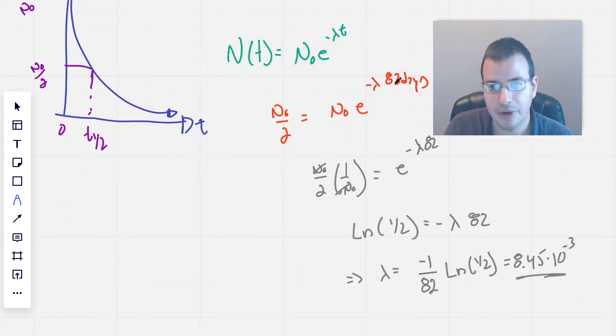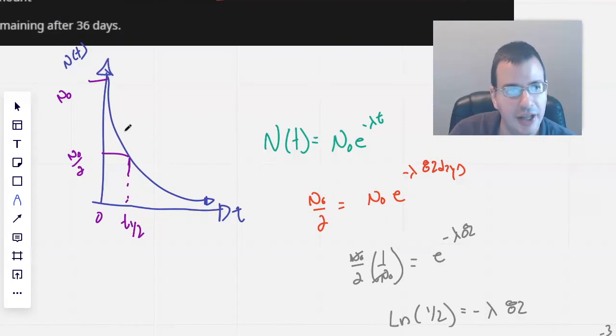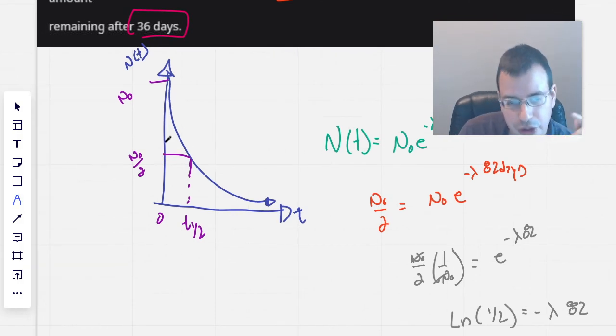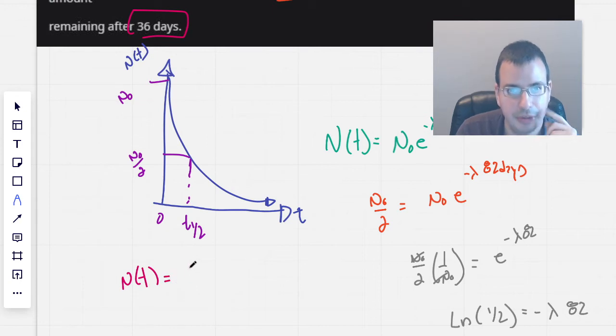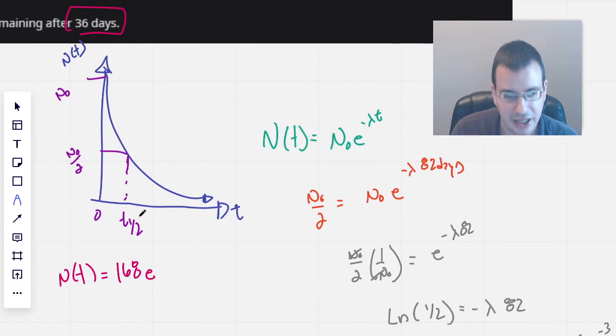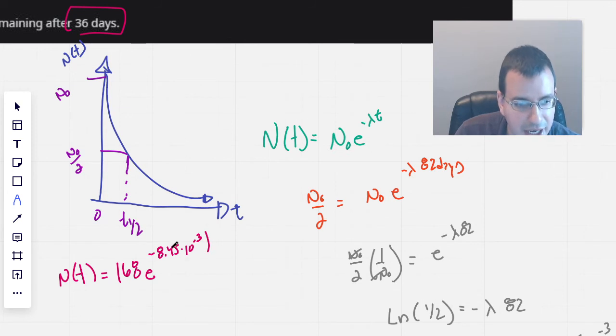So now that we have our lambda, we can go back to our original equation and find the amount remaining at our mystery time, 36 days. So the amount at any given time, n of t, is our initial amount, 168, multiplied by e to the negative 8.45 times 10 to the negative third times t.